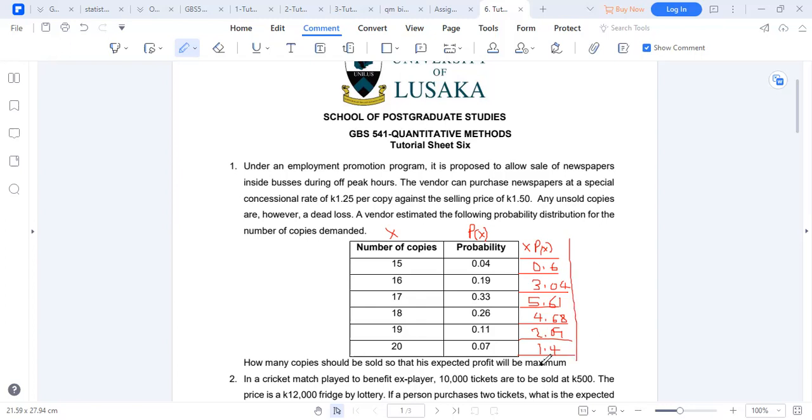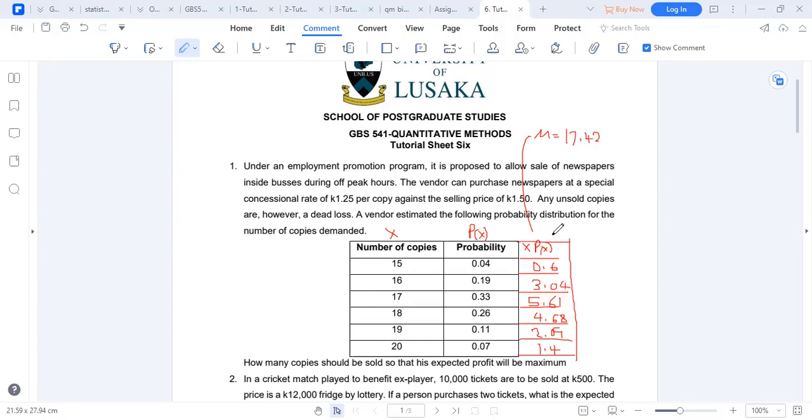That is the mean number of copies. So our mean here is 17.42. So the number of copies that we expect is about 17 newspapers to maximize our profit.